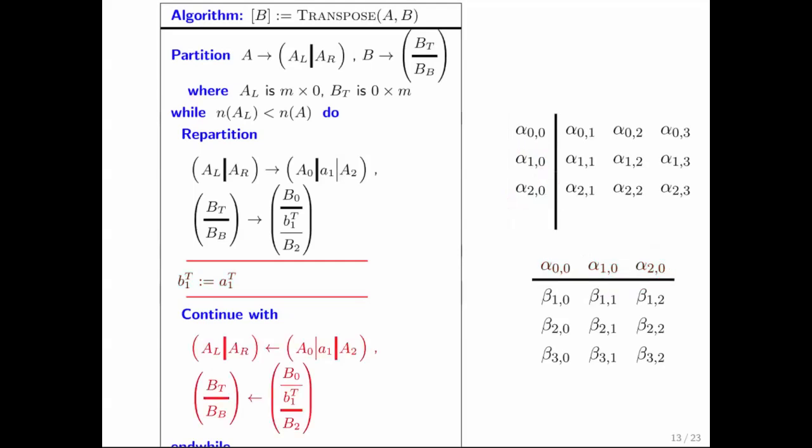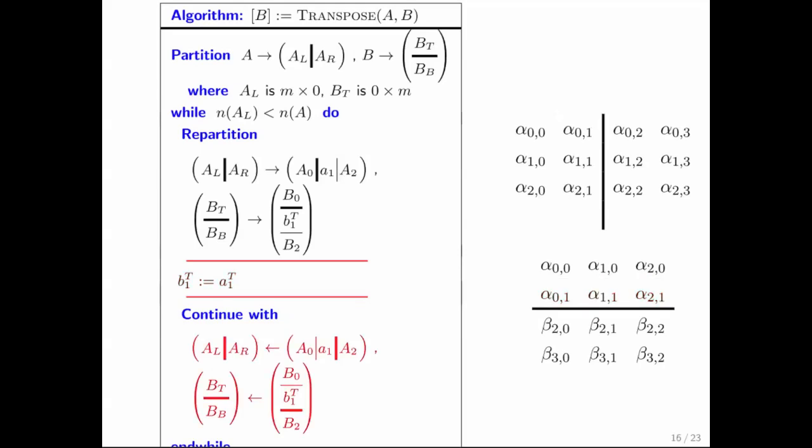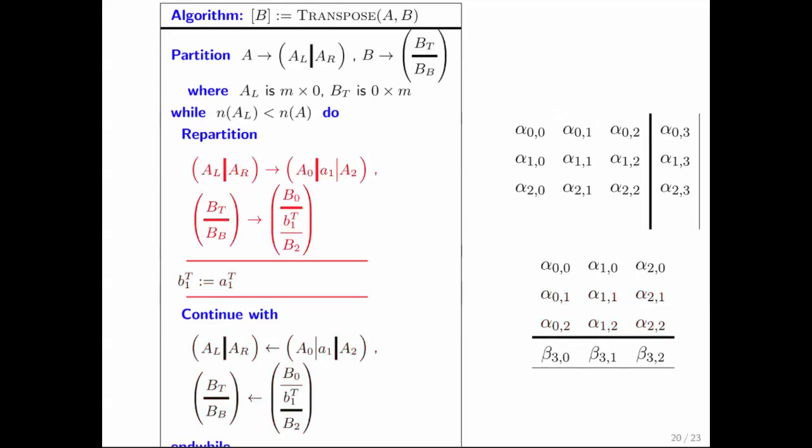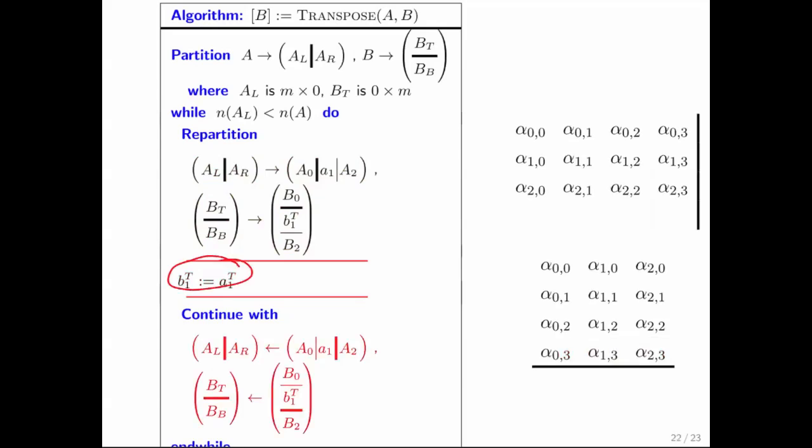Then you move on. You expose another column of A and another row of B. You transpose the column of A into the row of B. You move on, and so forth. Notice our notation. B1 transpose becomes A1 transpose.